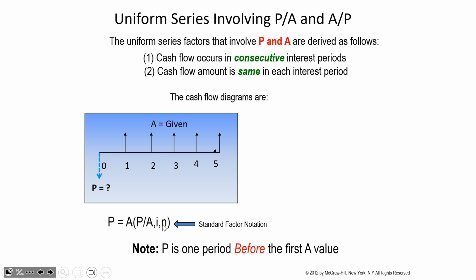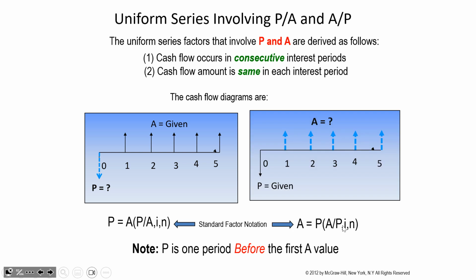You might have a homework problem, for example, where I tell you the annual interest, and then I say that it's monthly compounding. And if it's a problem like that, you'd take the annual interest rate and divide it by the number of compounding periods per year, and that would give you the interest rate per period. And then n would be the number of total periods in the cash flow.